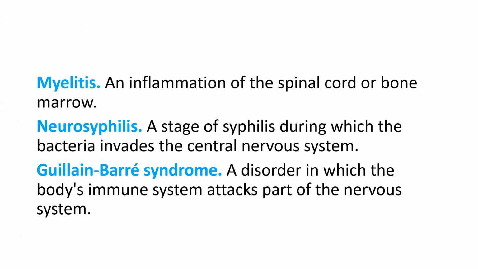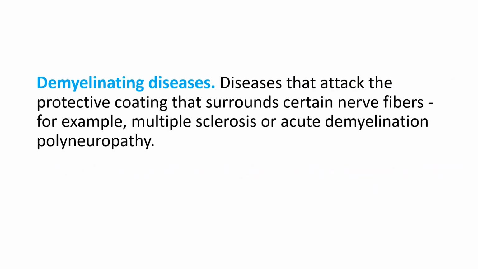And myelitis, that is inflammation of the spinal cord; neurosyphilis, that is invasion of bacteria in the central nervous system; and Guillain-Barré syndrome, a disorder of the body's immune system mainly affecting the nervous system. Demyelinating diseases are diseases mainly attacking the nerve fibers, like multiple sclerosis or acute demyelinating polyneuropathy.